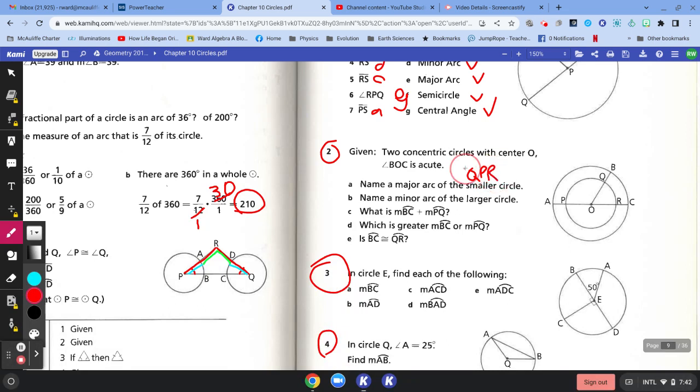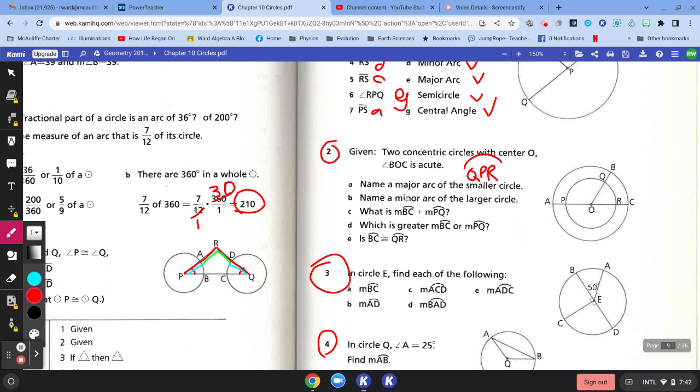Okay, and we'll put a little arc symbol over it. It's 3 letters because we need to include the other point. I'm sorry, did that backwards. That should be QRP. Actually, QRP or QPR, both of those work. So those would both be major arcs. So QPR and also QRP.